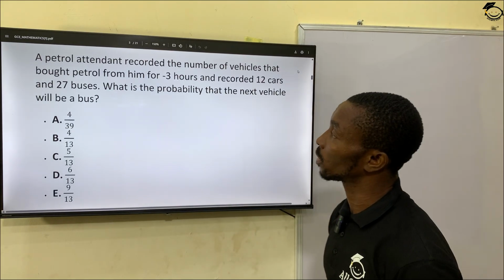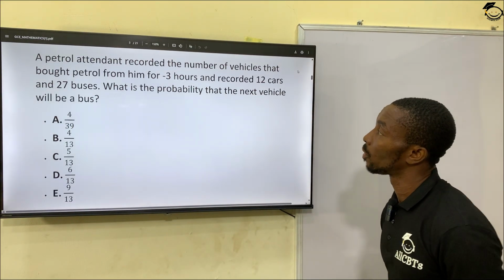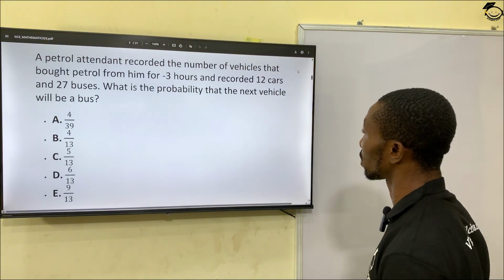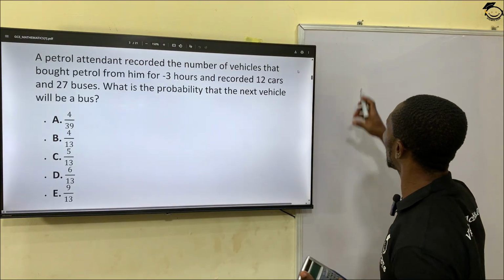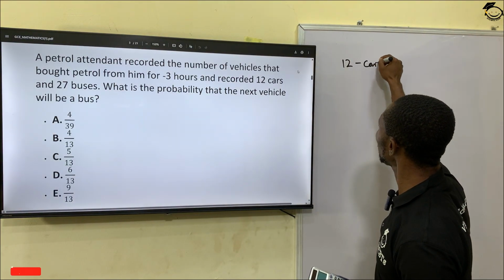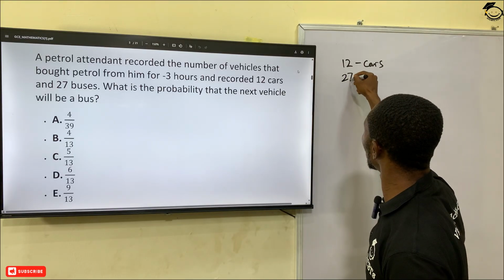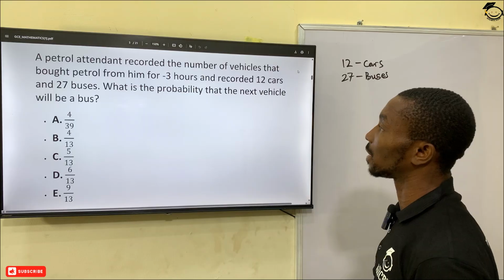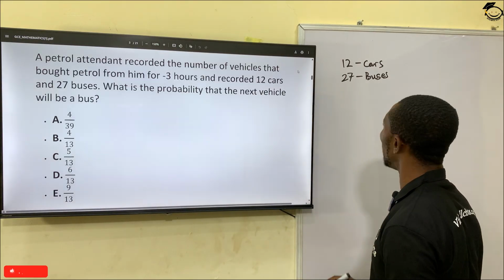All right, our next question says a petrol attendant recorded the number of vehicles that bought petrol from him for 3 hours and recorded 12 cars and 27 buses. What is the probability that the next vehicle will be a bus?